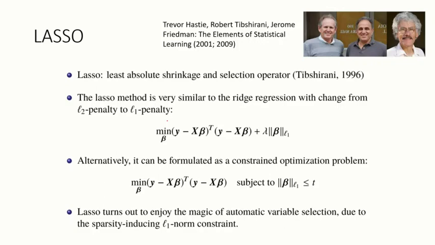Basically, they let the program fit all this, and then they just sum beta 1 plus beta 2 plus beta 3 up to beta k.